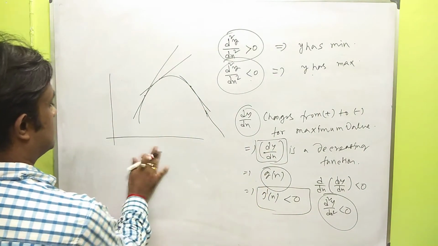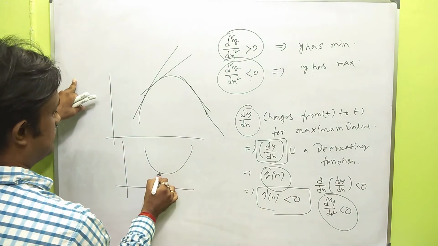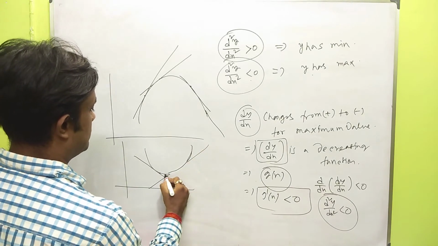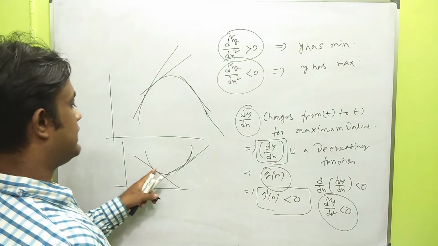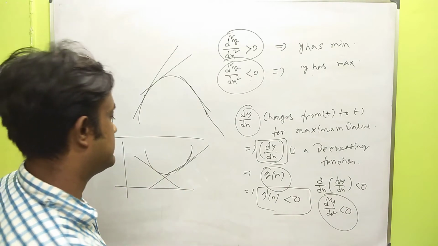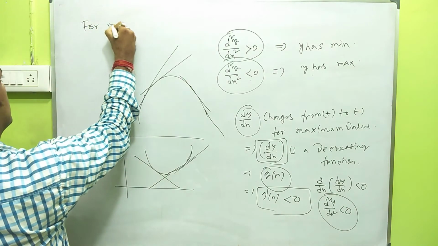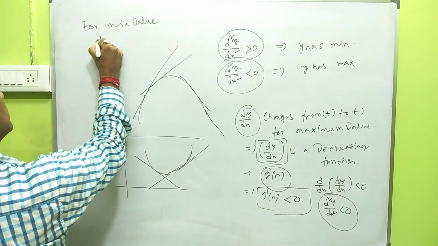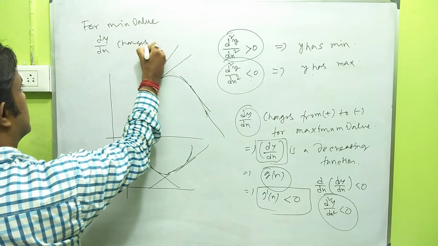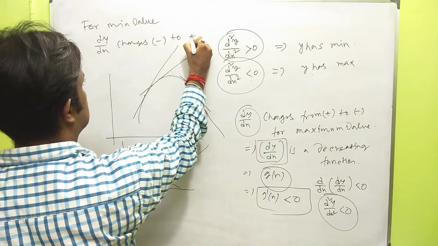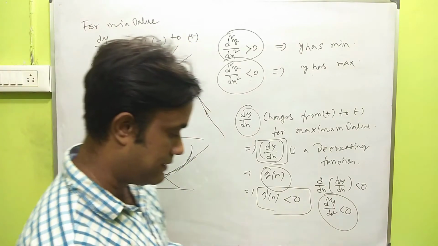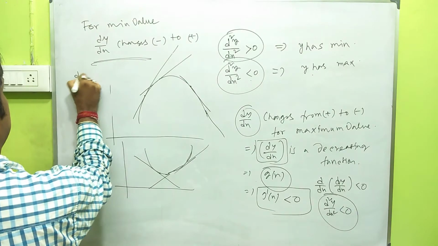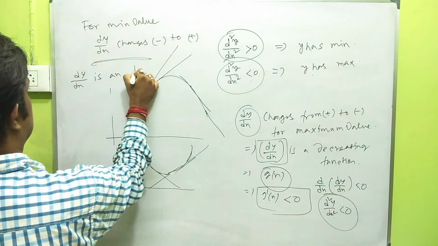Now similarly for the minimum value, we observe that dy dx changes sign from minus to plus for minimum value, which implies dy dx is an increasing function.